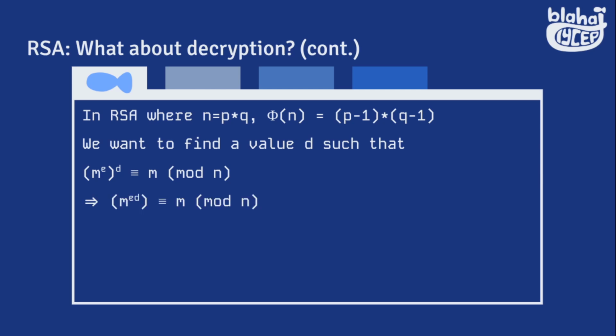So if we simplify this, I'm going to move to this whiteboard here. We get m to the power of ed is congruent to m modulo n. And if we manipulate the equation more, this right hand side is congruent to m times 1 to the power of k, which is congruent to m to the power of 1 times m to the power of phi of n to the power of k.